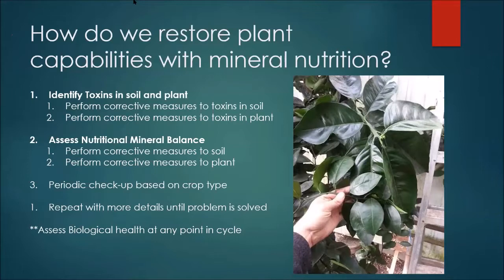The nutritional mineral balance is then achieved by performing the corrective measures. So by limiting your toxins and addressing your deficiencies, whether that's done in sequence or at the same time, that can begin to unlock some of the challenges with your crop.